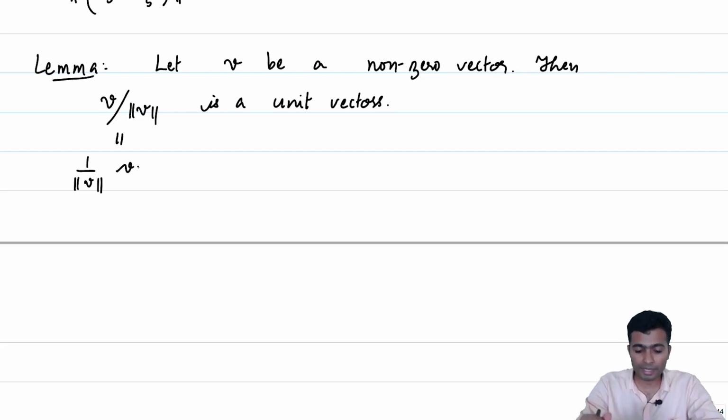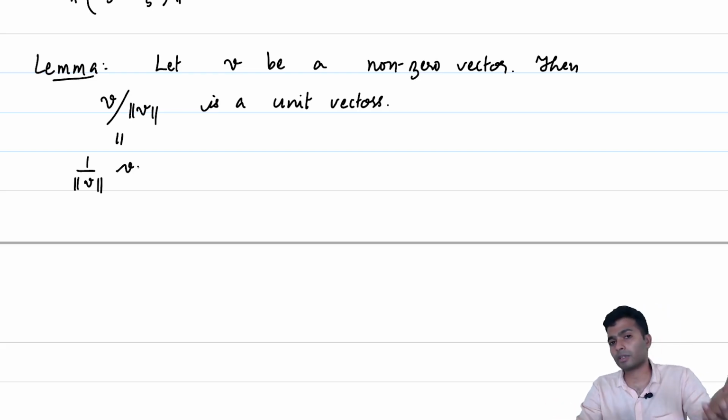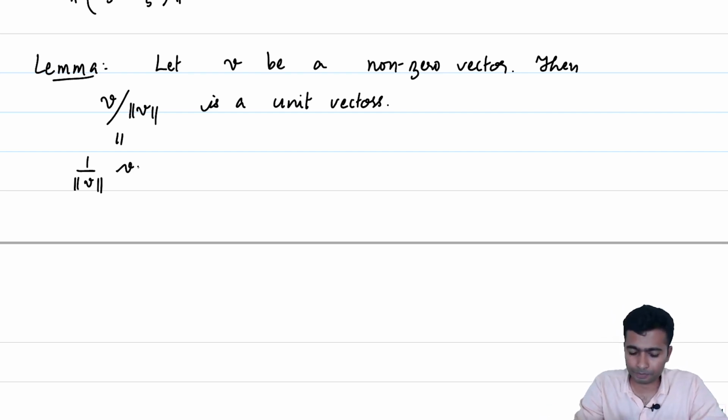Notice that 1 by length of v is just a real number. A real number is in particular a complex number as well. So whether you start off with a real inner product space or a complex inner product space, 1 by length of v is a scalar.